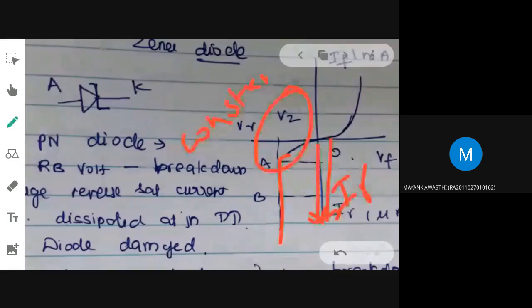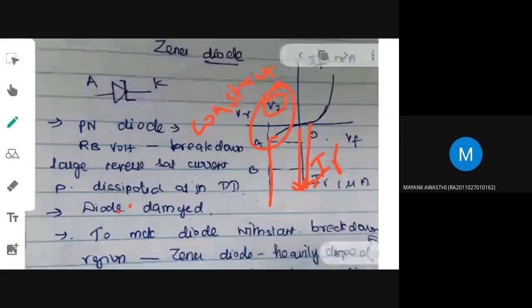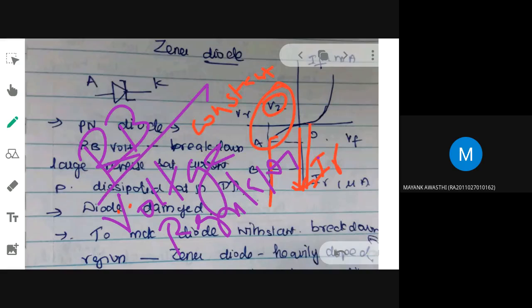That is what happens at Zener breakdown. V_Z represents the Zener breakdown voltage, and because of this, the Zener diode is specially meant for what application? Voltage regulator. Voltage regulation is possible under what biasing condition? Reverse bias or forward bias? Reverse bias. Okay.